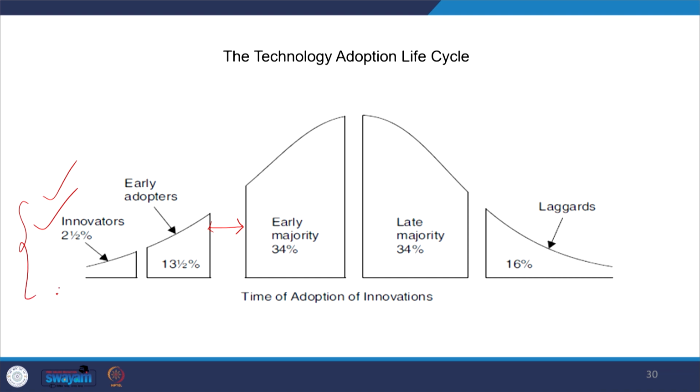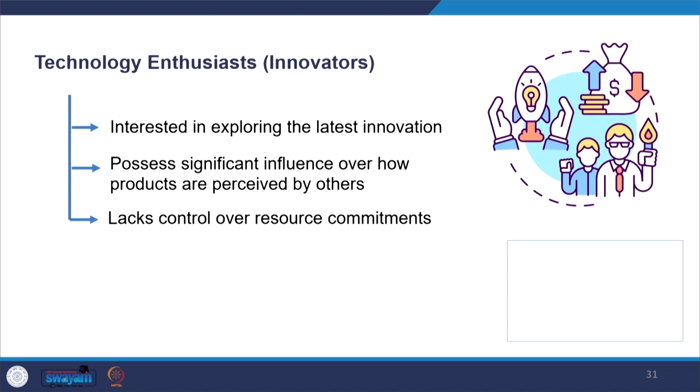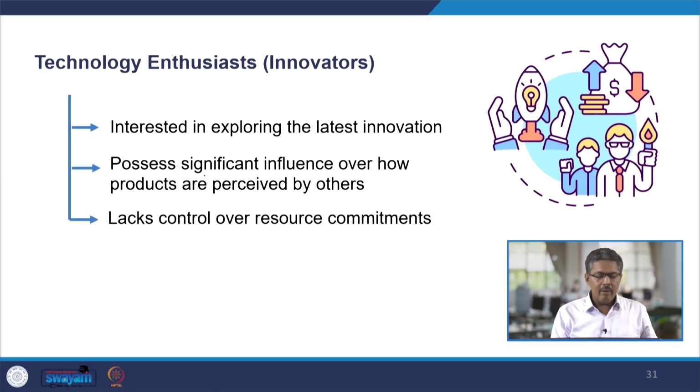So, companies have to always maintain a database of innovators, who are the potential innovators, right. So, if you look at the innovators, they are interested in exploring the latest innovation and possess significant influence over how products are perceived by others. So, what they feel is nothing but a reflection of how people would accept this product or how they will conceive this product. Okay. It lacks control over the resource commitments.